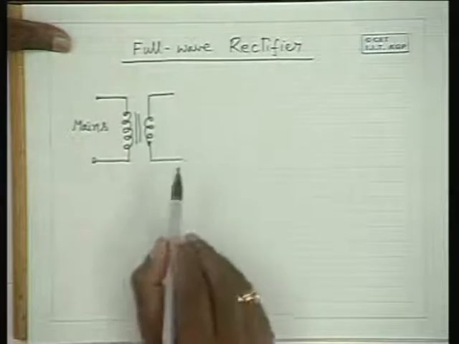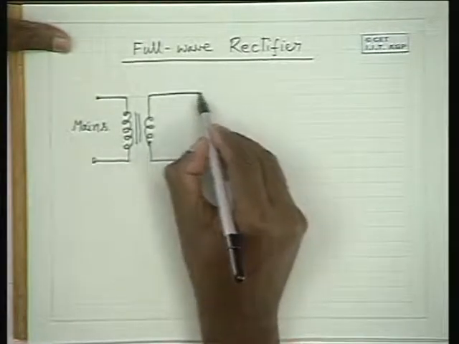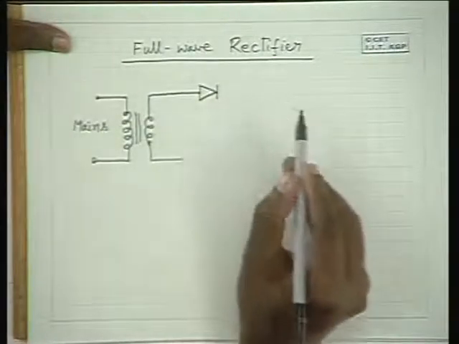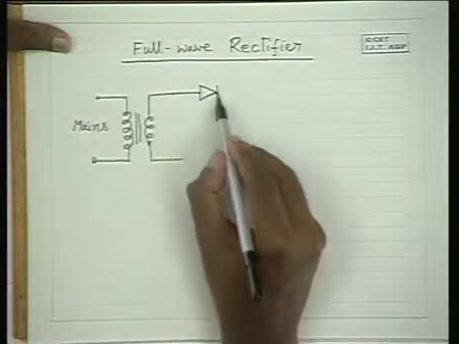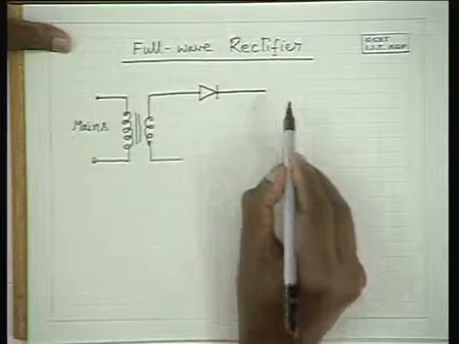Now with the transformer included, the circuit looks like this. For a full wave rectifier, several circuit configurations are possible, and I am giving one of them here.